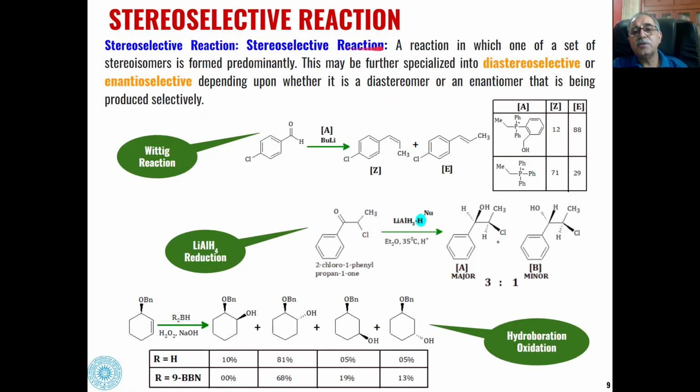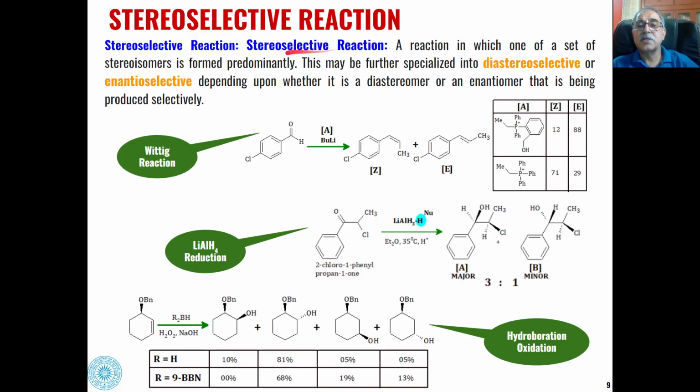Then there is the stereoselective reaction. Stereoselective reactions, as I have already told you, are those in which the reactant gives one of the stereoisomers in more yield in comparison to the other stereoisomers.